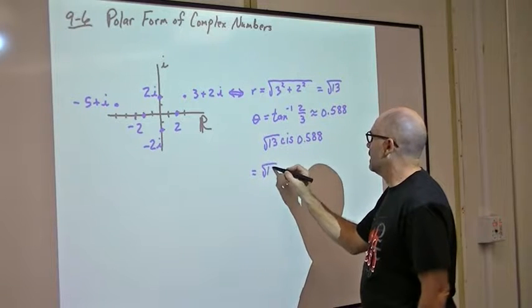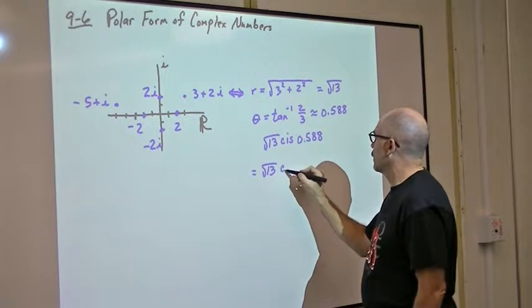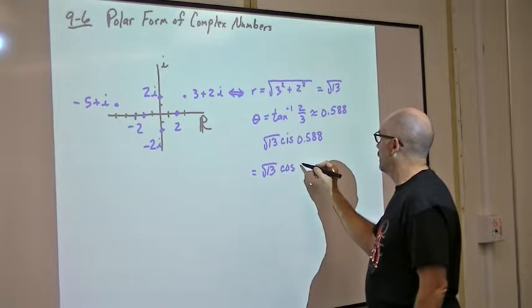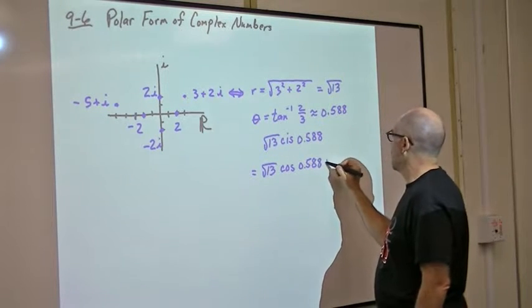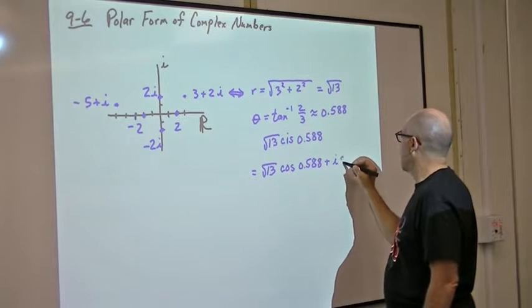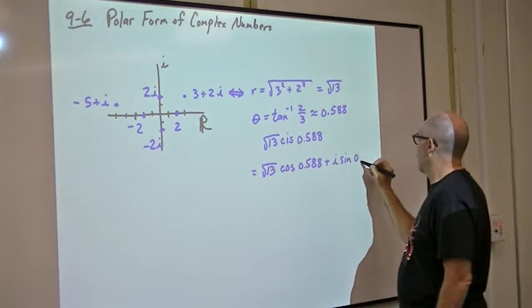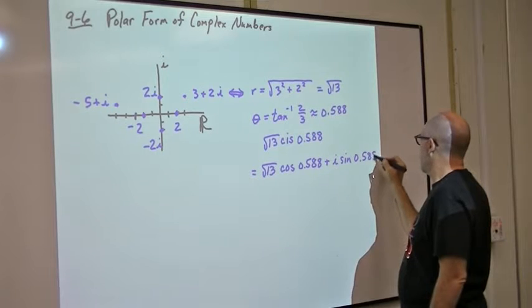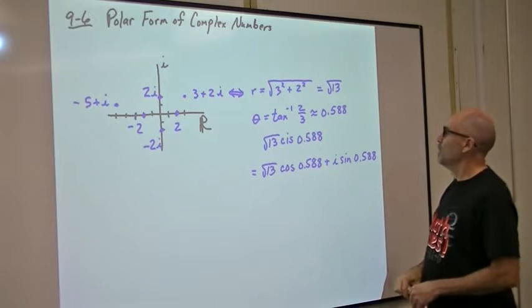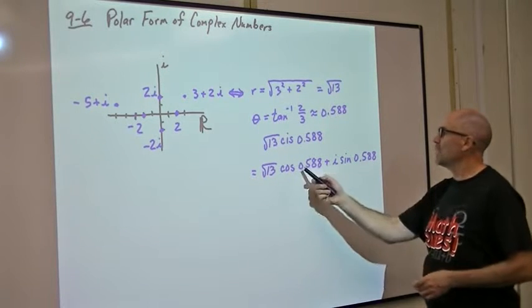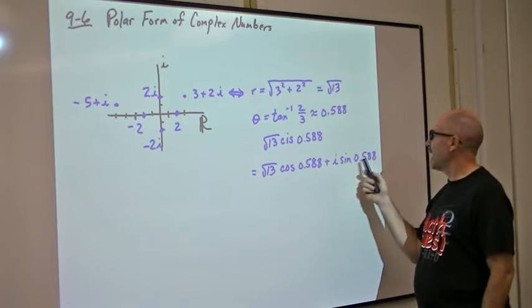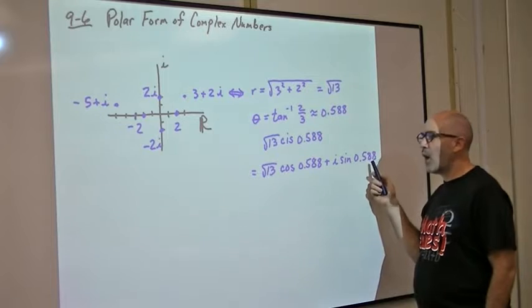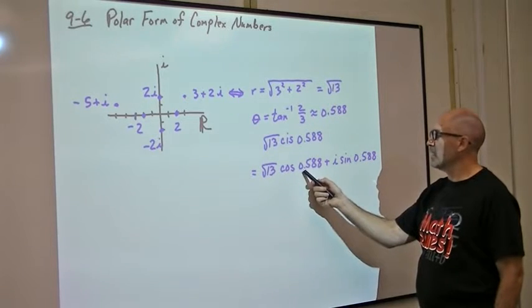Square root of 13 cosine 0.588 plus i sine 0.588. So notice, if I take the cosine of the angle, I'm getting the x coordinate. If I take the sine of the angle, I'm getting the y coordinate. The x coordinate is the real part.